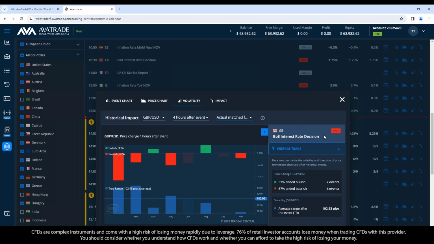Look what happens with the pound after the rate decision comes in at the expected decision. So if it matches the forecast, the pound drops 2/3 of the time. Just like the U.S. gave up ground to the pound and the euro, with the pound and euro rising against the USD when the rate decision came in as expected.